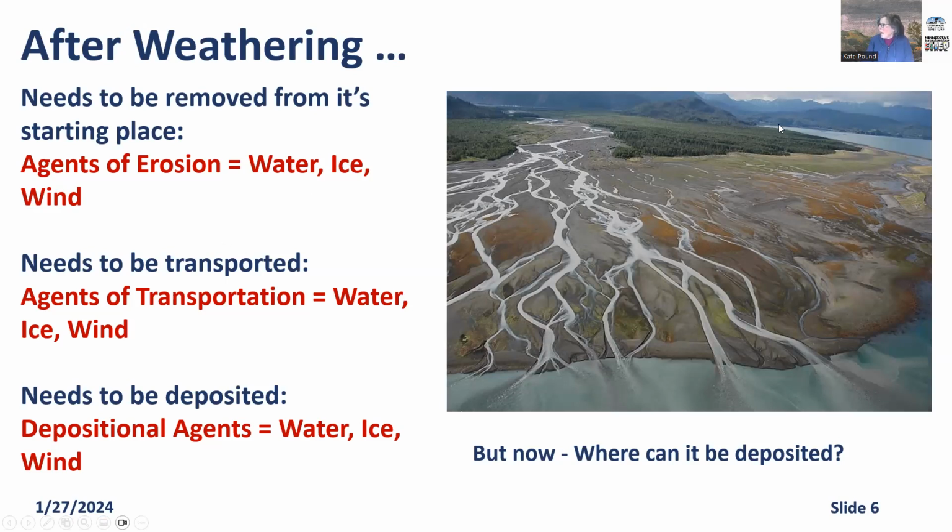And what we're looking at here is an image. This one, I believe, is from Alaska. We're looking at a river system. We've got a river here that's transporting some sediment, but you can see a lot of sediment that has been deposited. And it is carrying it out to the ocean.